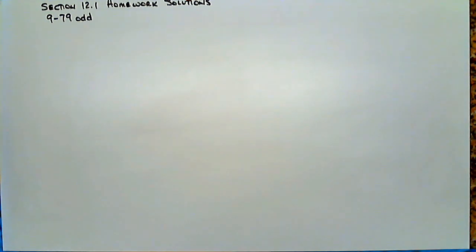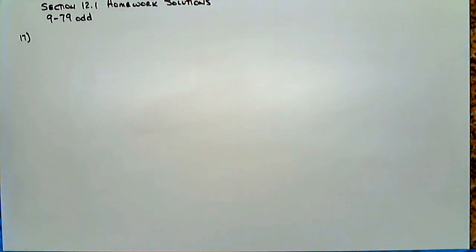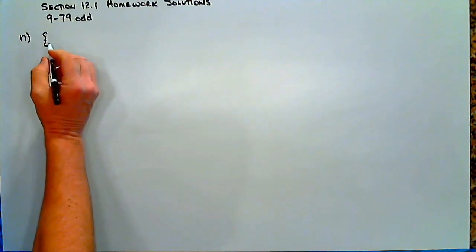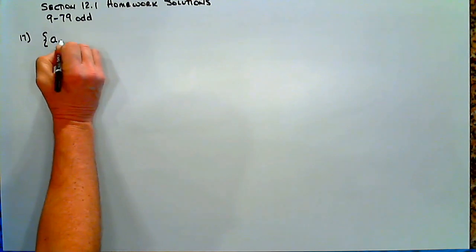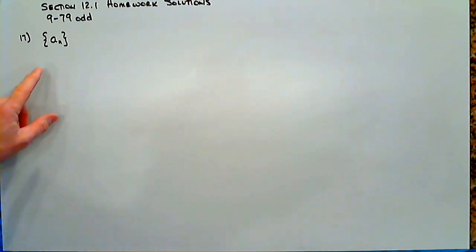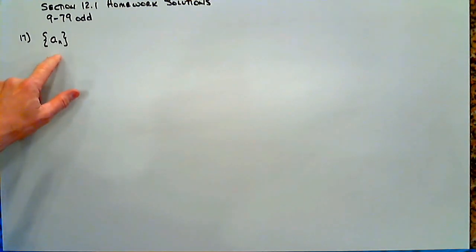I'll start with problem 17. Problem 17 says, write down the first 5 terms of each sequence. And so in the lecture video, I taught you that this is our symbol for a sequence. That just means the same thing that f of x meant back in Algebra 1.